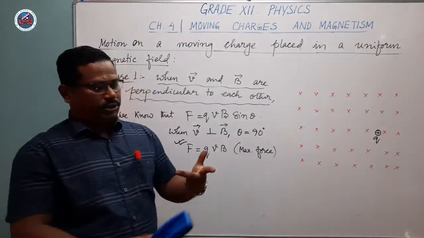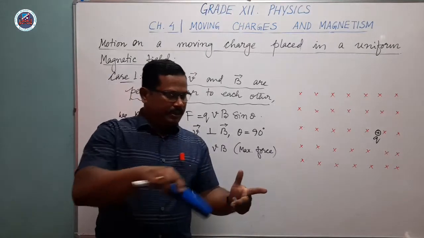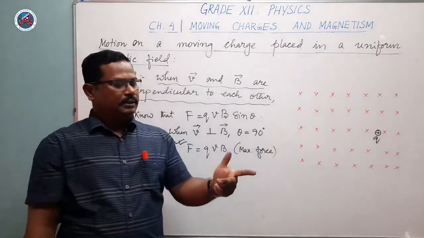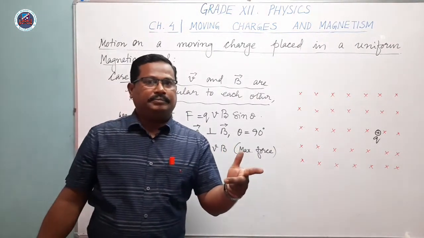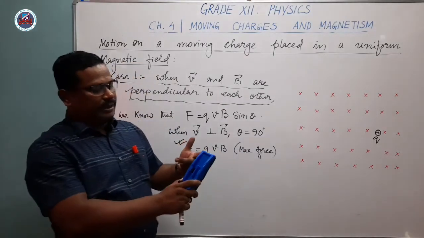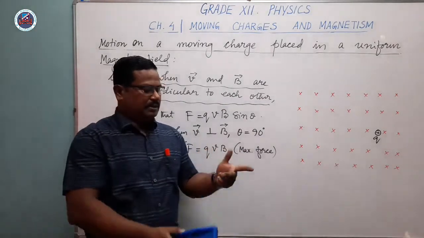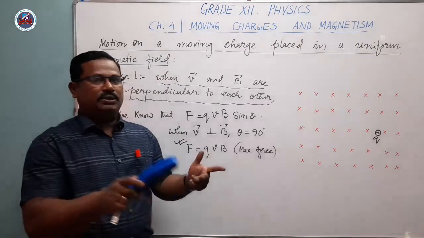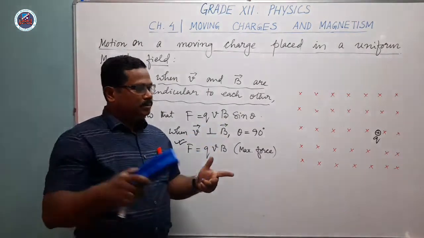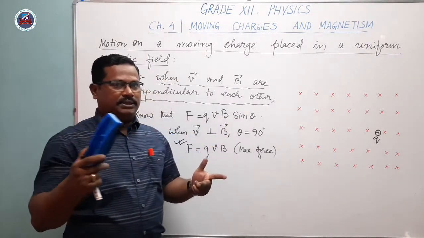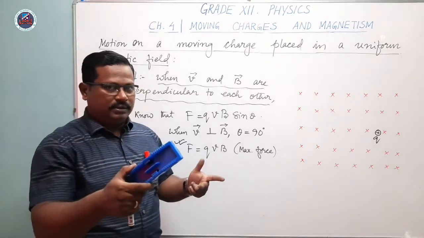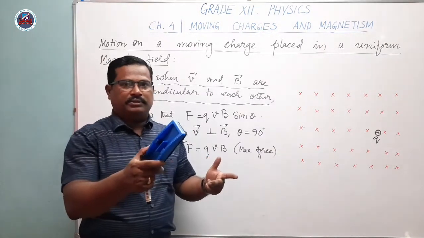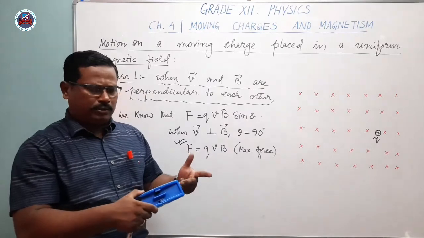Stretch your forefinger, the middle finger and the thumb at right angles to each other. The forefinger shows the direction of the magnetic field and the central finger shows the direction of current. Now here the charge is moving, and a moving charge produces electric current, so you can use this rule.